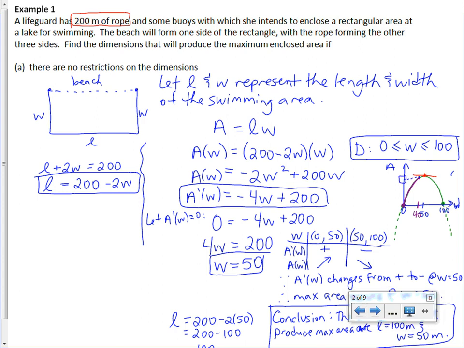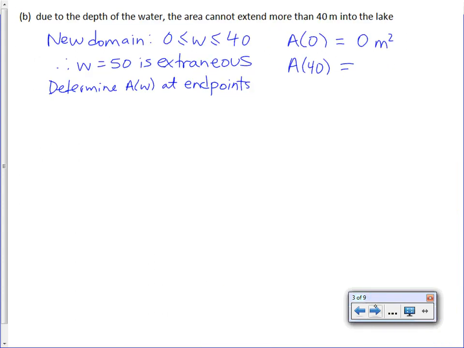So if I put 40 in here, negative 2 times 40 squared, or again, you can put the 40 into the factored form or the expanded form. Negative 2 times 40 squared plus 200 times 40 gives me 4,800. Okay?